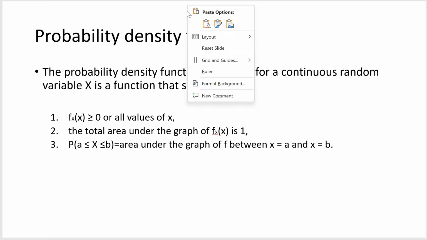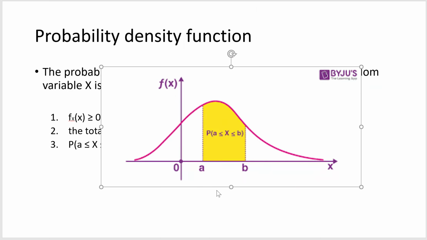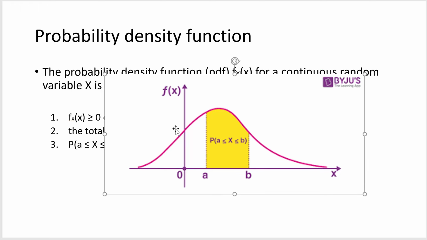If I just show this to you guys. So this is a continuous random function. You see that there are no bars here, just f of x. So if I ask what is the probability that the value of x will be between a and b, where this is a and this is b, it is actually the area under this curve. The area of the entire curve is 1, and let's say this part is 38% or 40%.